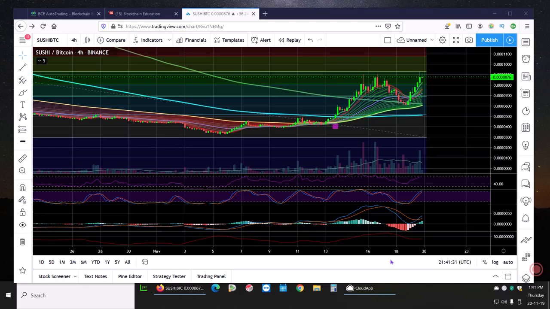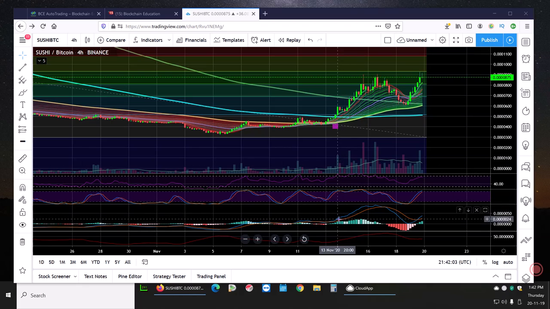So, how to get the MACD line? Well, the MACD line, which is the blue line right here, is calculated by an EMA of 12 periods, or 12 candles, minus an EMA of 26 periods. Now, to you, that probably doesn't mean a lot, but to people who want to know how it's calculated, it probably means a lot.